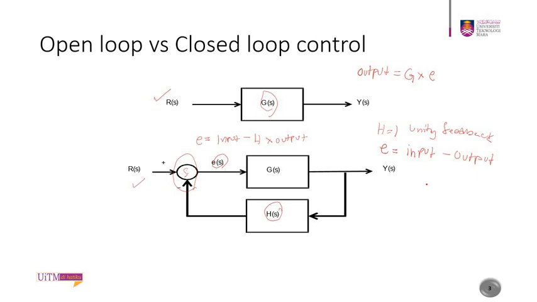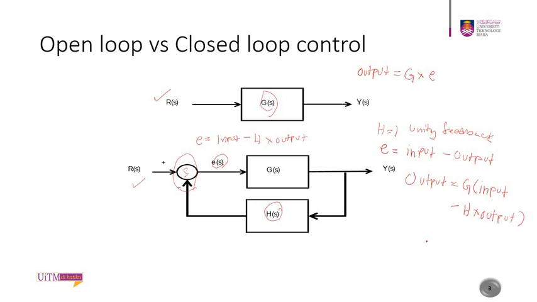Eliminating the error term, output equals G times (input minus H times output).